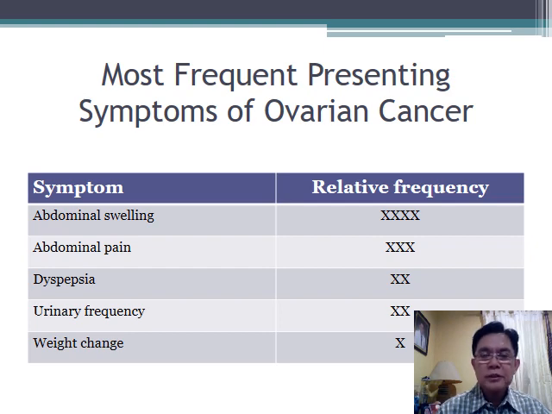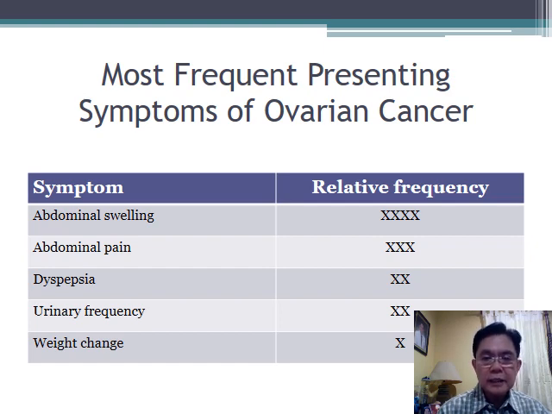So the most common symptoms that we have found related to ovarian cancer are abdominal swelling or abdominal enlargement, abdominal pain, dyspepsia, urinary frequency, and weight change. Among these, abdominal enlargement, especially associated with ascitic fluid, is highly related to the presence of ovarian cancer.